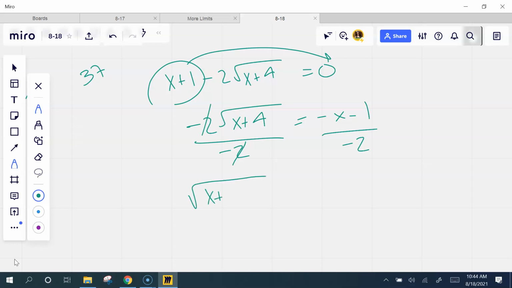So I've got x plus 4 equals, this would be 1/2 x plus 1/2. So I divided both of them by 2. I kept it all together. That's fine.